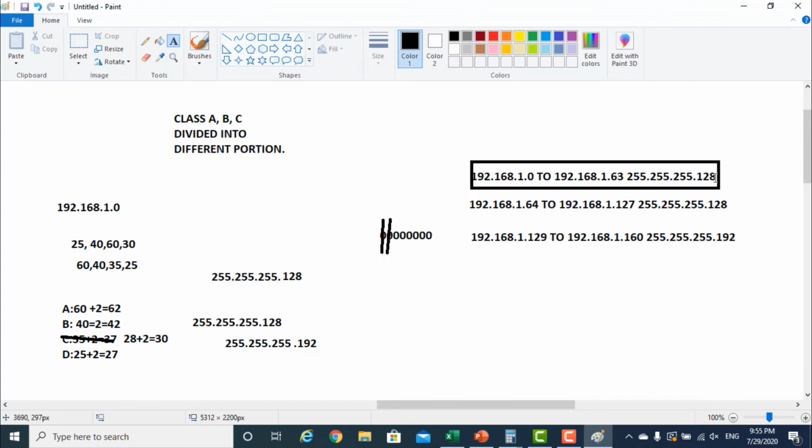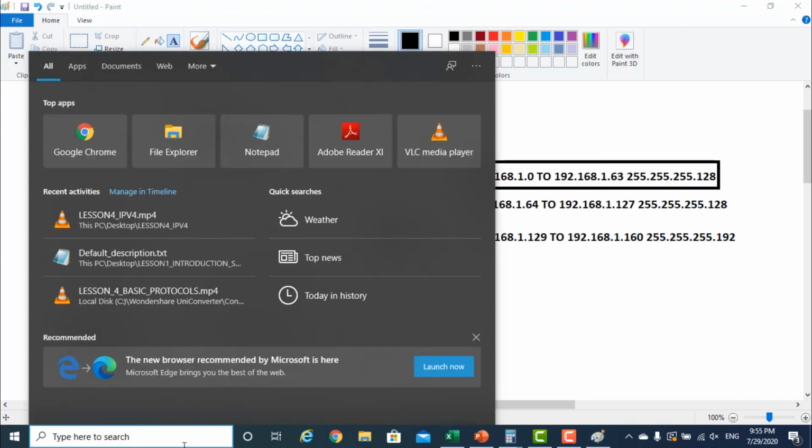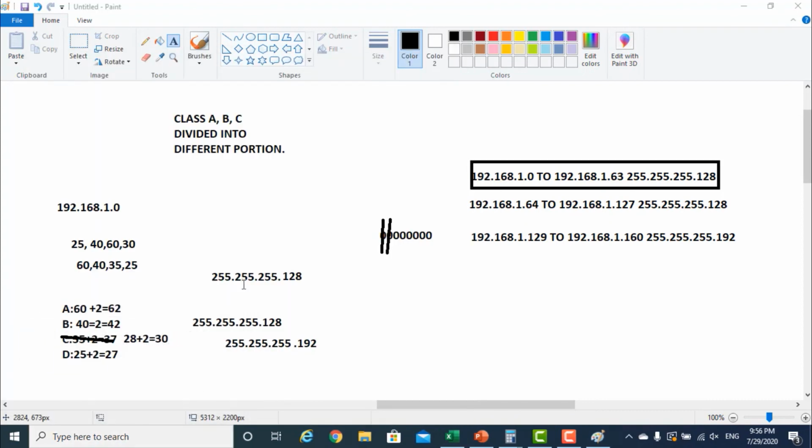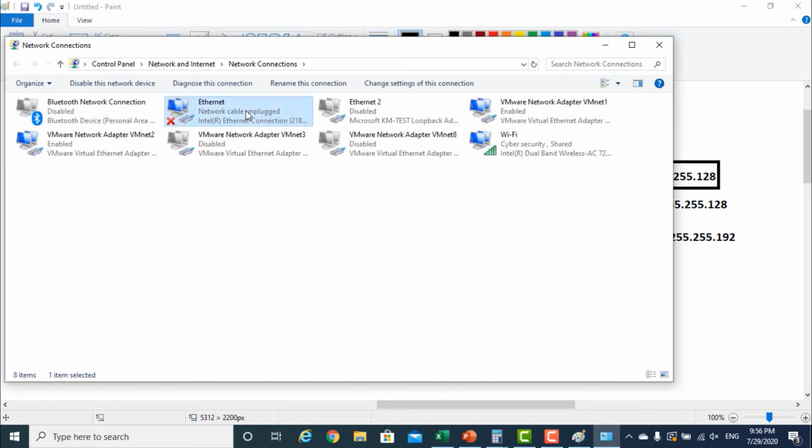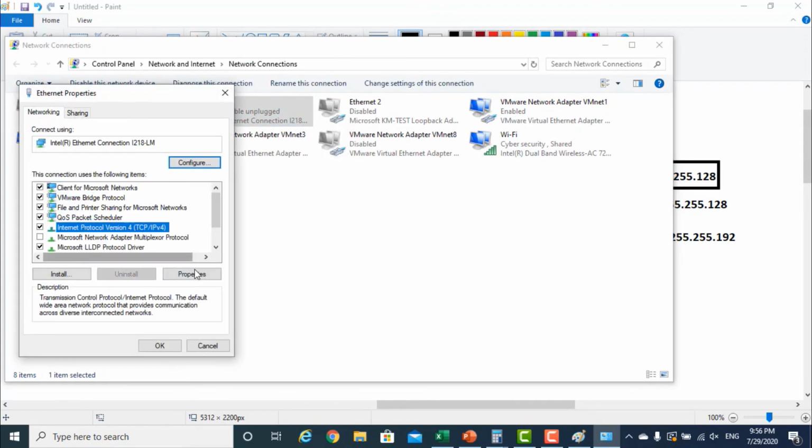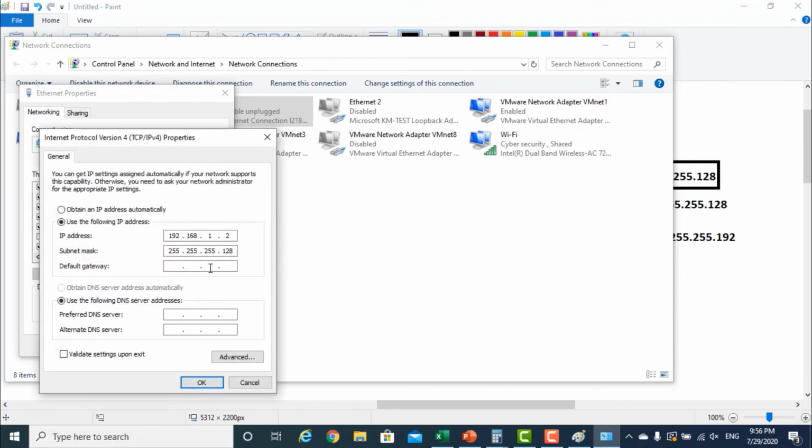Okay, because we cannot actually calculate the subnet mask. This is the problem. Subnet mask can be calculated only in the power of 2. Just to prove it for you, I will show it here. Let's get to properties, assign an IP address for my PC, and I will add a subnet mask that is not a power of 2.